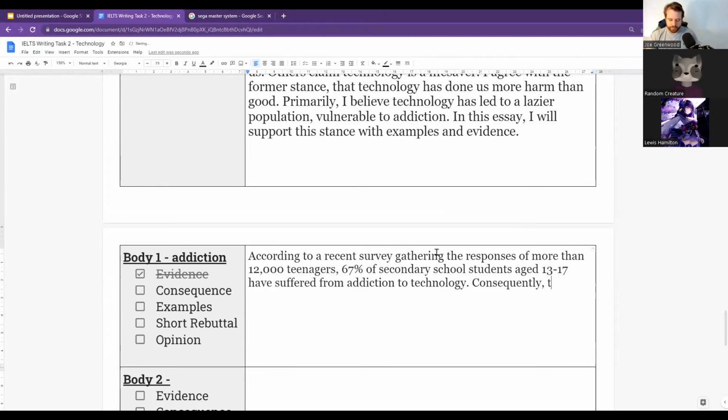So these students do not maximize their productivity. I'm just making it sound more formal, okay? And may not reach their full potentials. Now, potentials has an S because it's many students, and each student has a potential, so they do not reach their full potentials. That's the consequence.